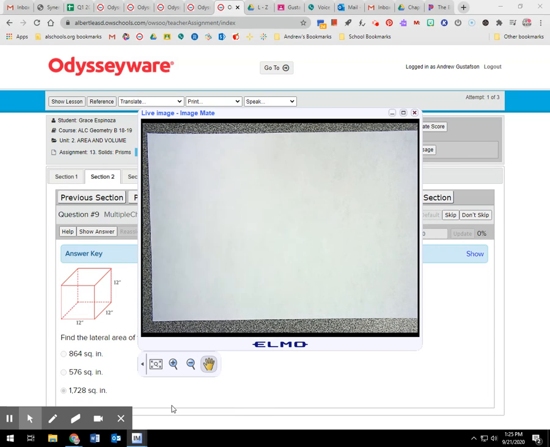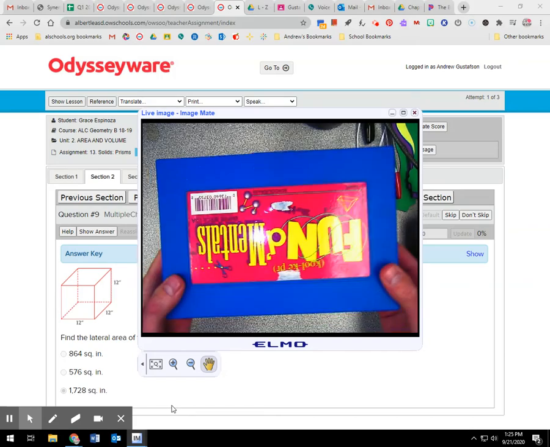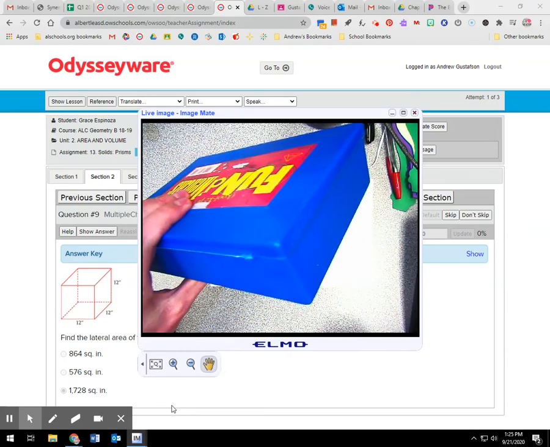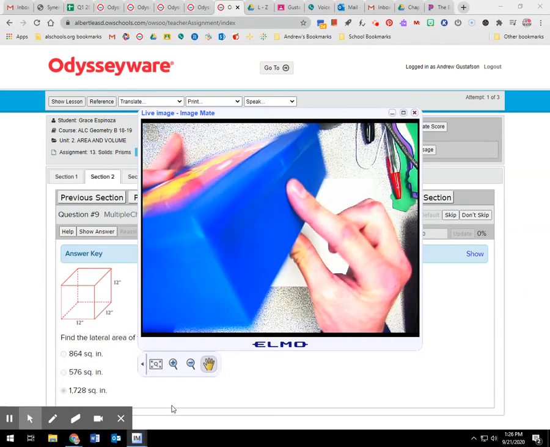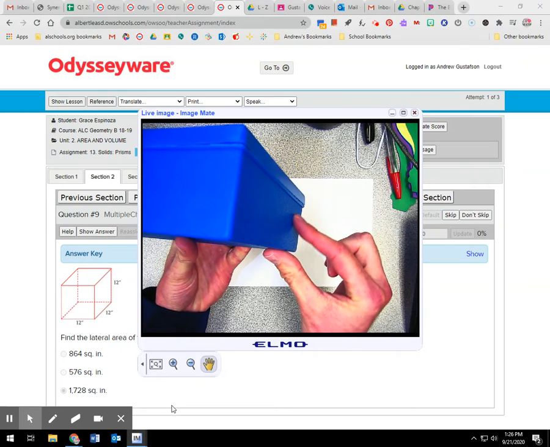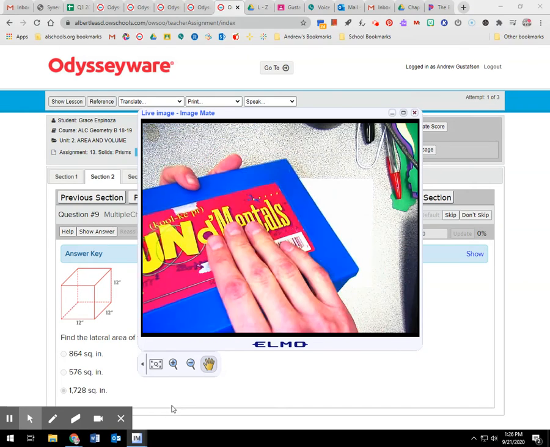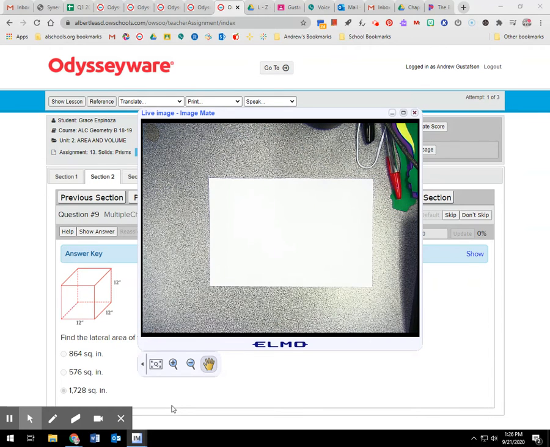So if you think about a box here, all right, there's my box. The lateral area will be all of the sides, so not the top and the bottom. And we're going to add up all the area of all those sides. So we're going to ignore the top, we're going to ignore the bottom, just going to look at the sides. That's going to be the lateral area.